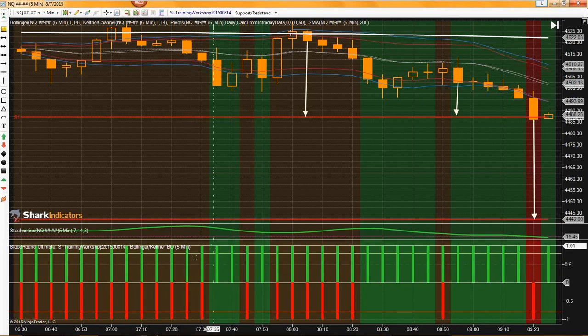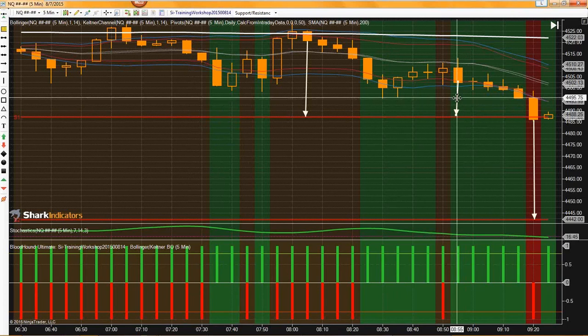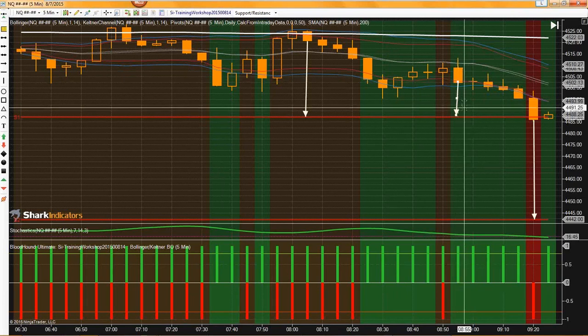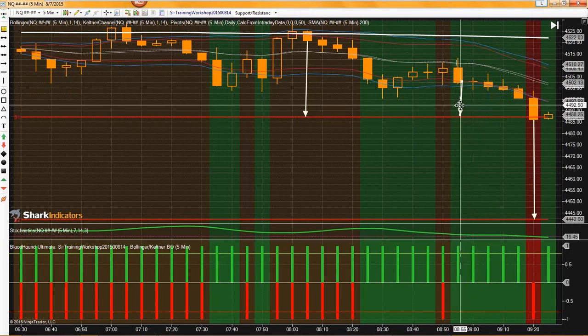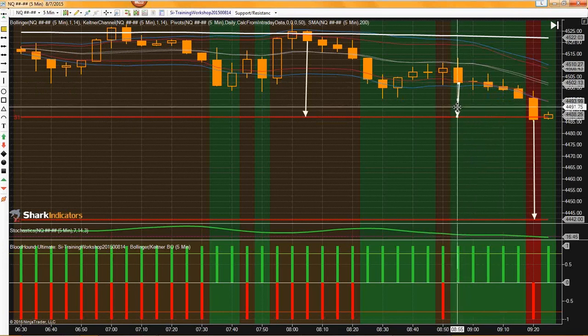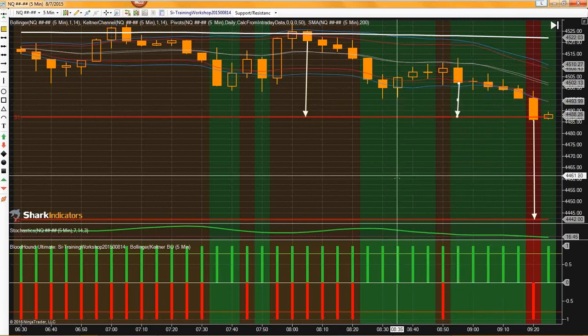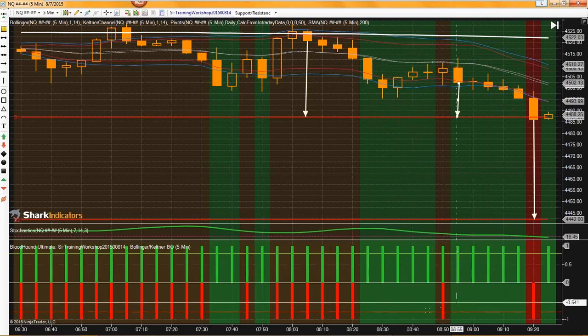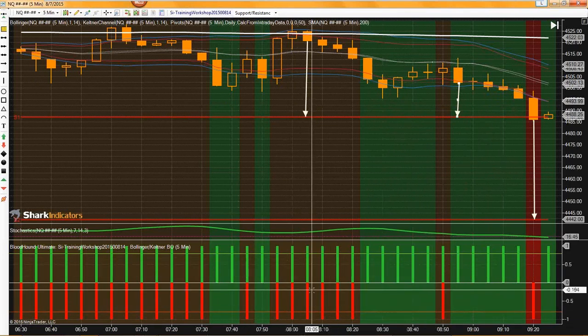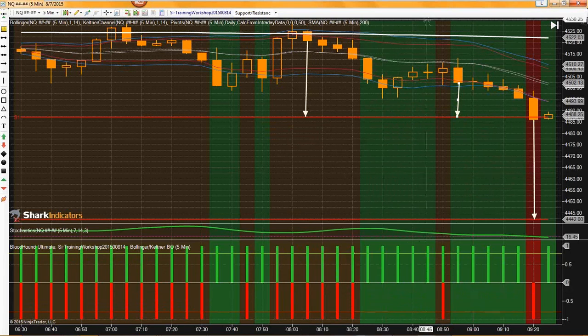It's that filter where you say to yourself, I don't want to take a trade if I'm too close to support. You don't want to take a short trade right into this S1 support line. So the support resistance is a filter, not a trade signal. That's why the output here looks a lot different than what you're expecting.